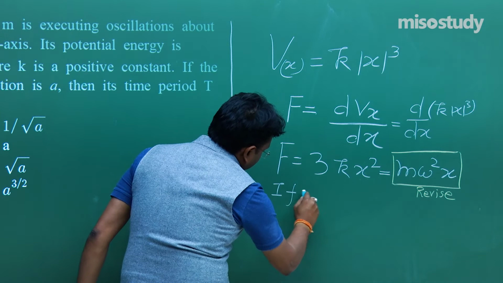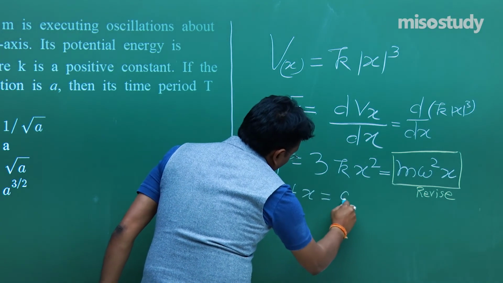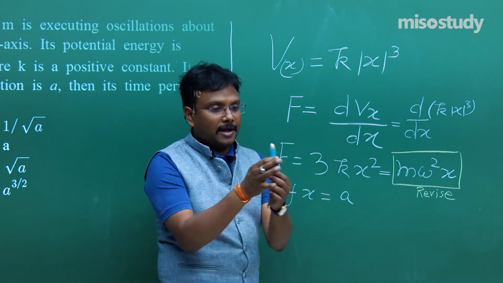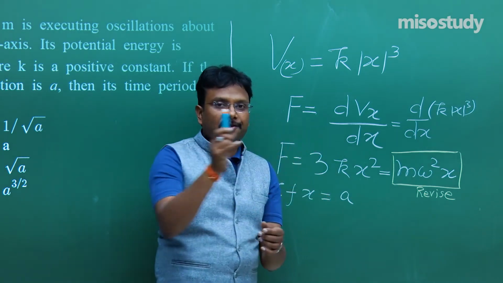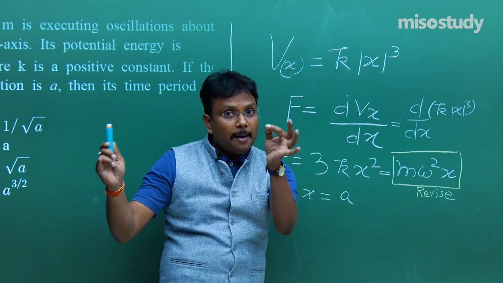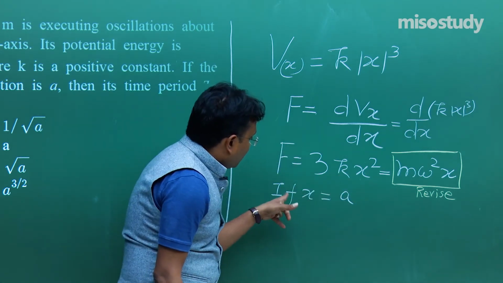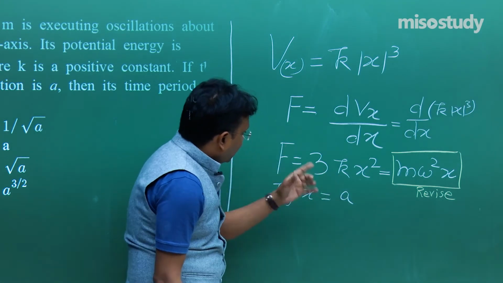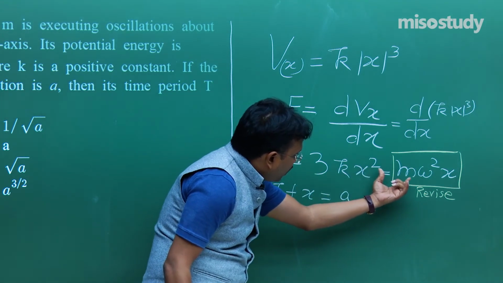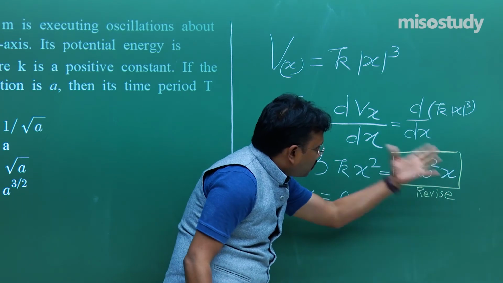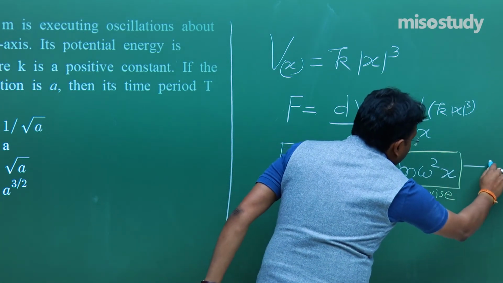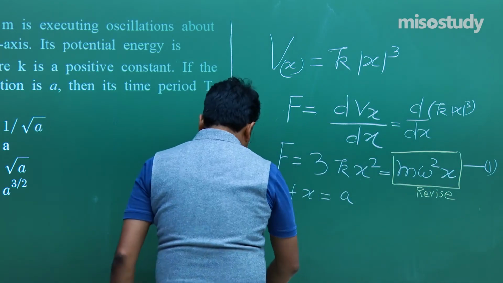If x is equal to a, okay, maximum amplitude, obviously maximum means if it is going along the x axis, so maximum means amplitude a along the x axis. So that is why I am saying if x is equal to a, then 3k is equal to m omega square. Fine. So I think I should give it a name. Fine.